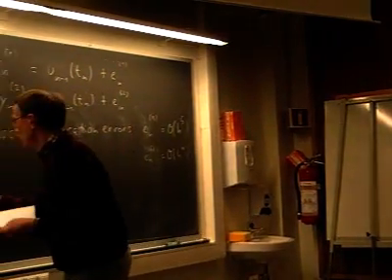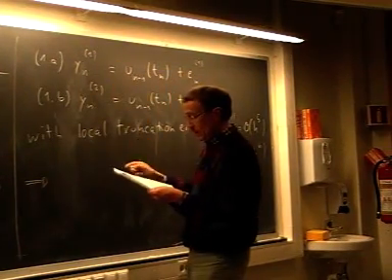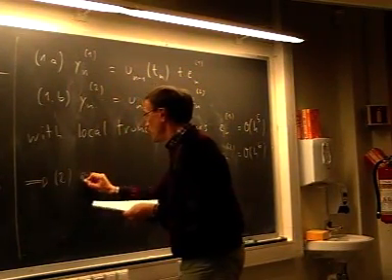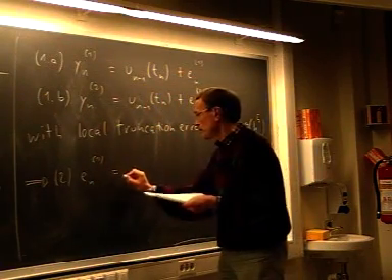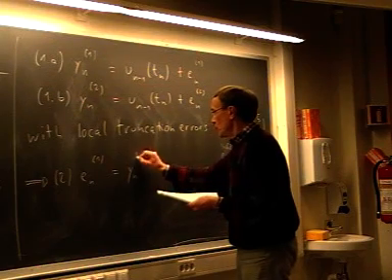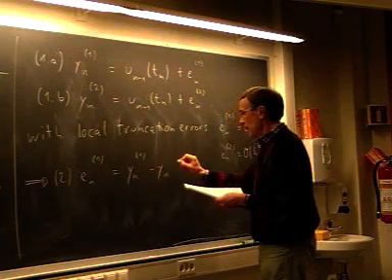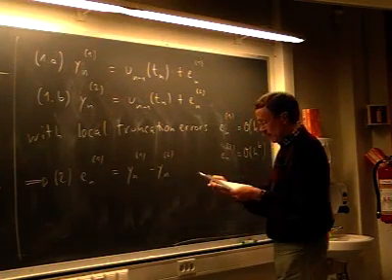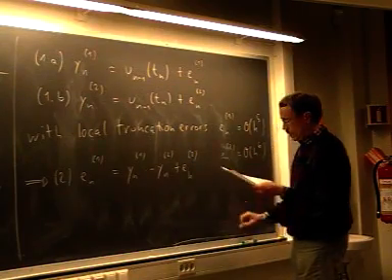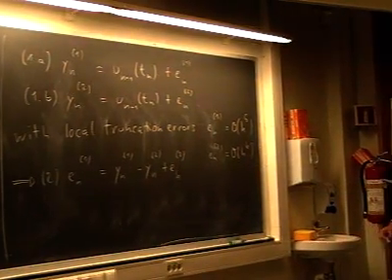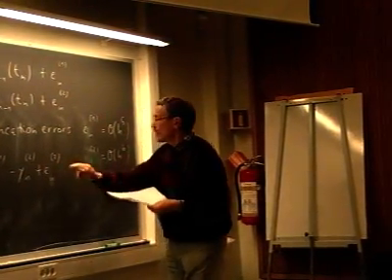So we take simply the difference between these two. We get then the local truncation error of the first method is equal to the approximation by the first method minus the approximation by the second method plus the local truncation error of the second method.